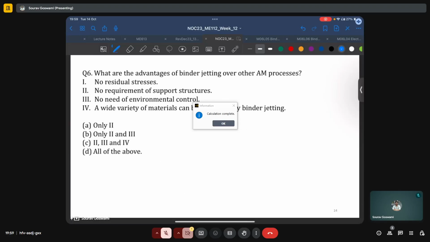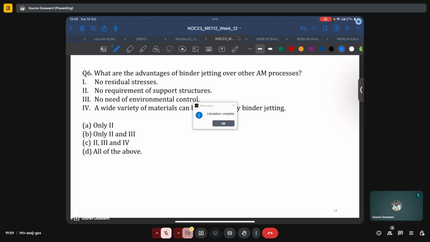Question 6 is asking us, what are the advantages of binder jetting over other AM processes? And this is something where the review article which I cited may also prove useful, because we also saw a few points or a few advantages of this technology over other powder bed based AM processes.